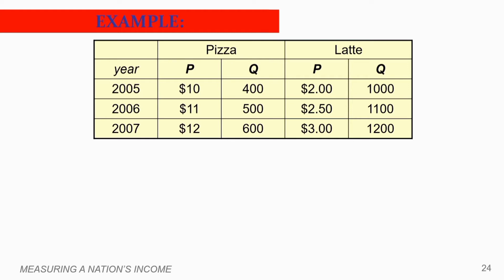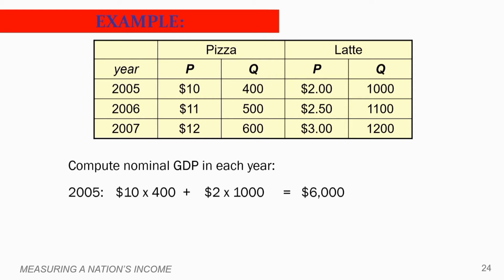Again, in calculating nominal GDP, we simply use the current price or volume price on that year. So for example, in 2005, nominal GDP is price times the quantity of the two goods in 2005.